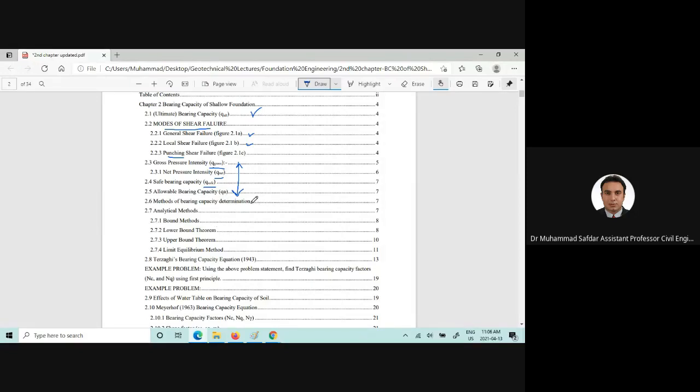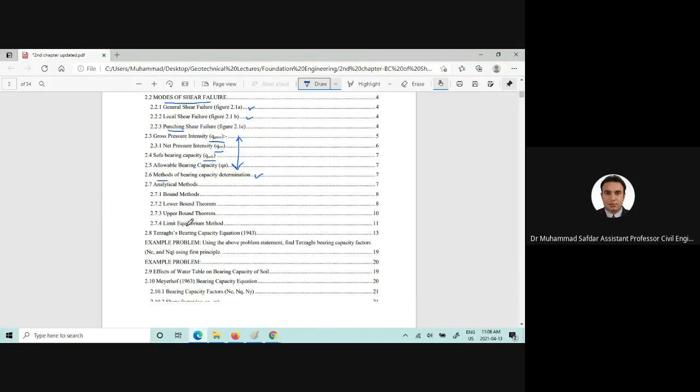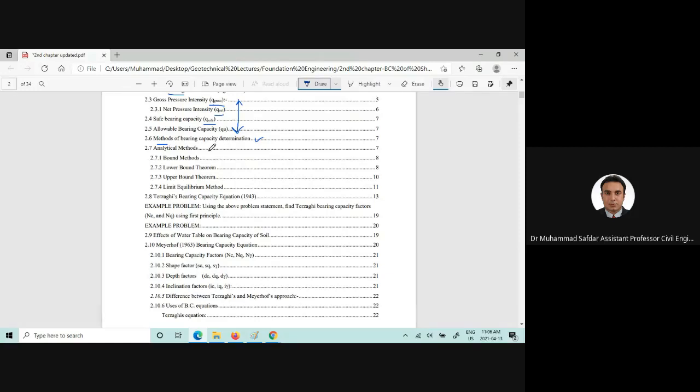Now we will briefly discuss the methods of bearing capacity determination, then analytical methods, that is, how bearing capacity determination started initially with the lower bound and upper bound solutions, and then we will discuss the limit equilibrium method.